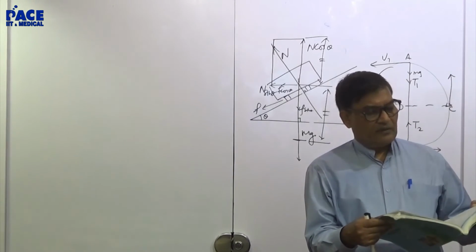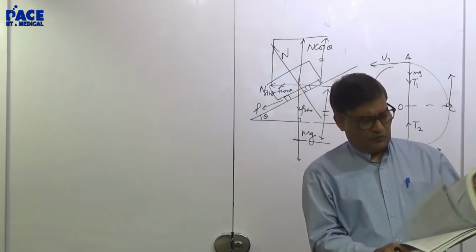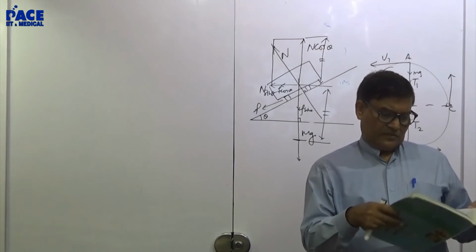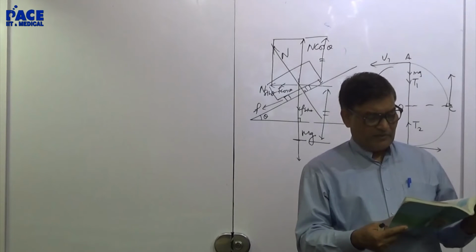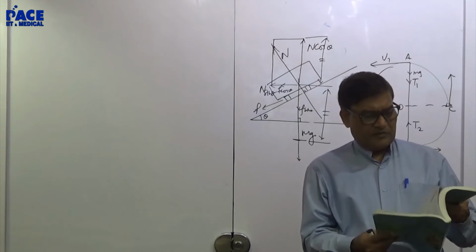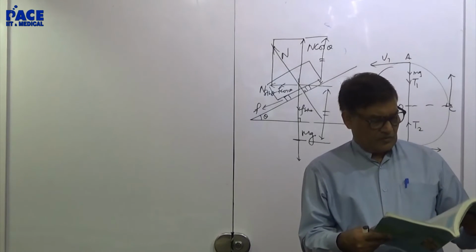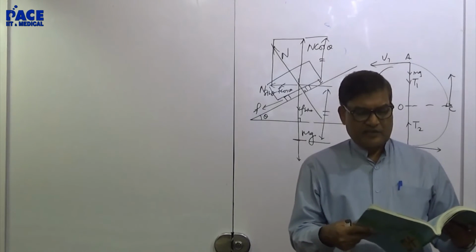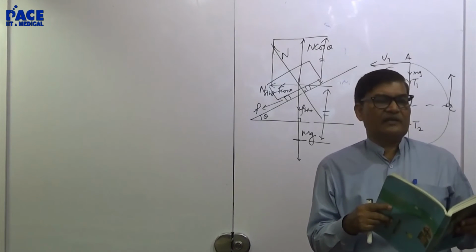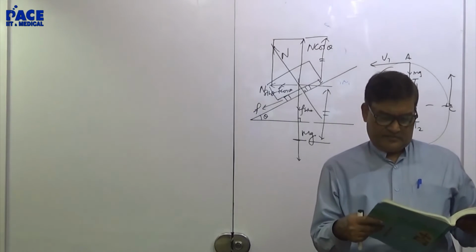Sir, can you please give the question number? See, topic numbers I gave you, 15.2 and 15.3, and the last topic, that is ferromagnetism on the basis of domain theory.